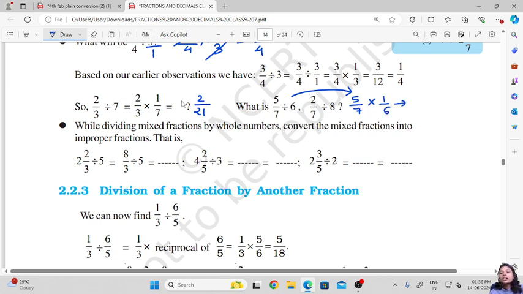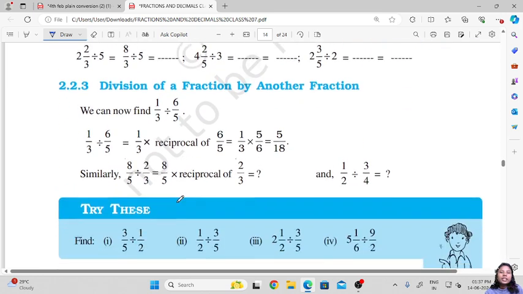So we'll get 5 upon 7 6s are 42. And for this one we'll get 2 upon 7 into 1 upon 8. So that will give us 2 upon 7 8s are 56. Okay.